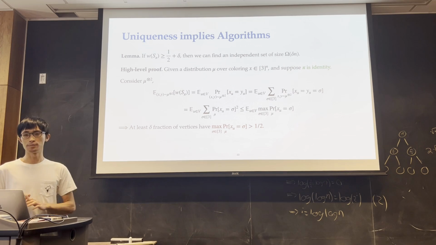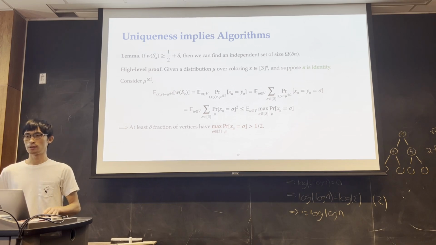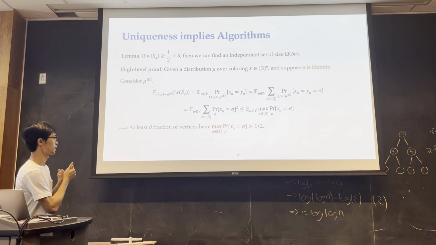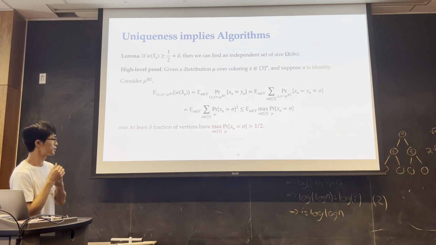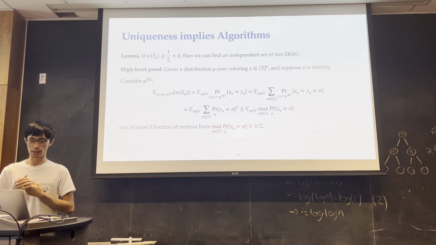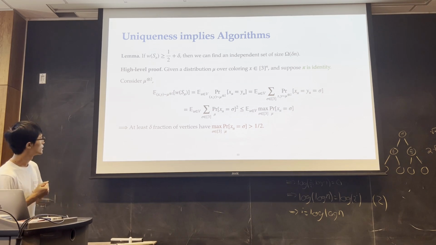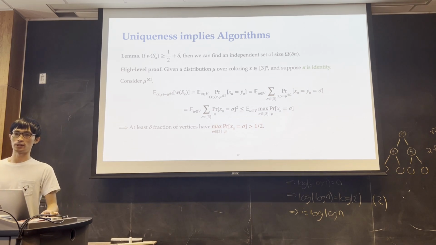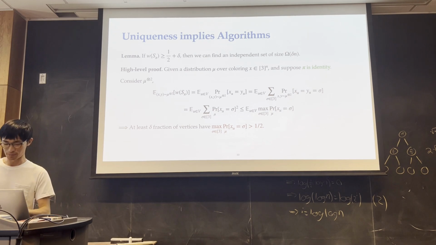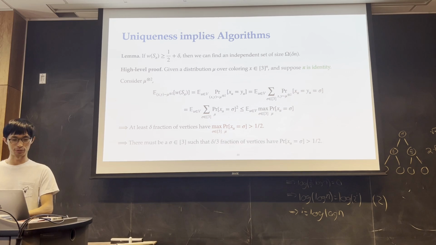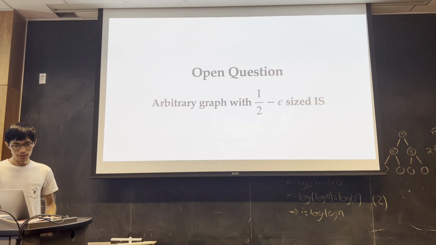And again, this is by the same observation that all vertices with probability larger than half for a specific sigma must form an independent set. So sorry, I don't have time to go through this, but I want to get to some open questions.